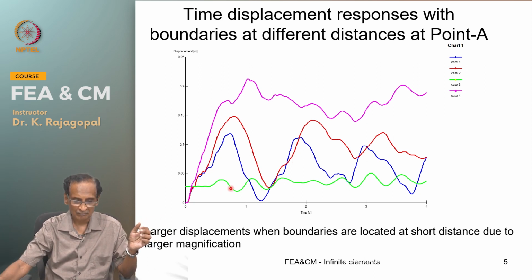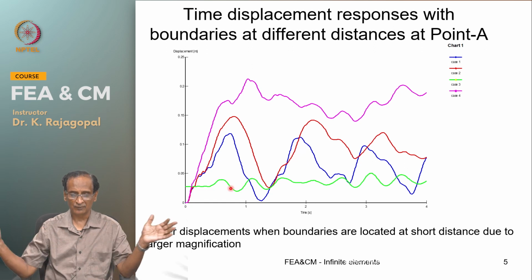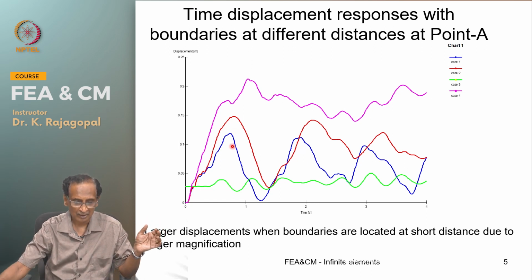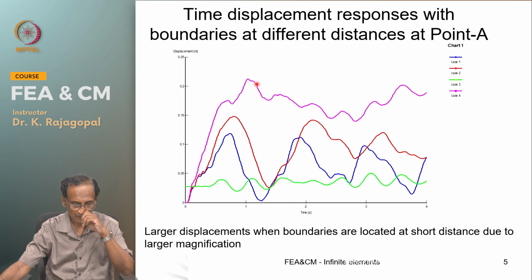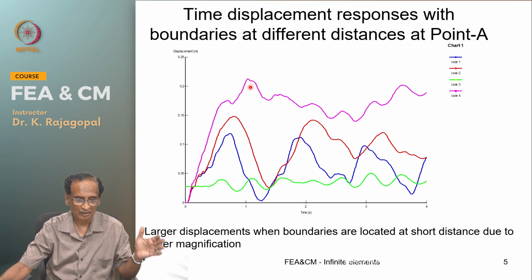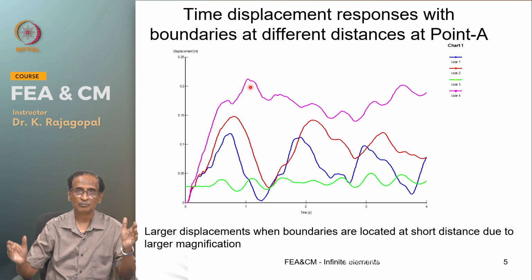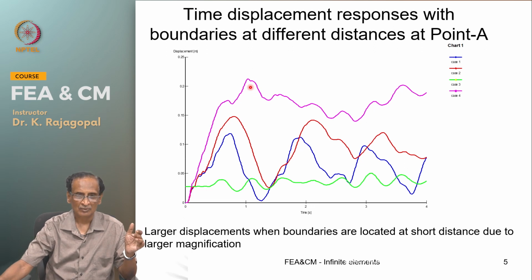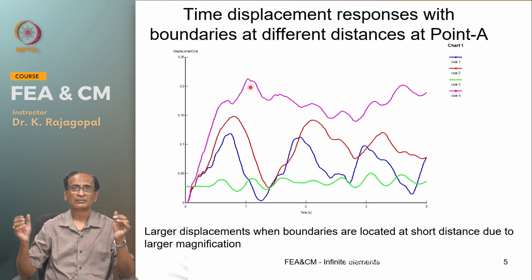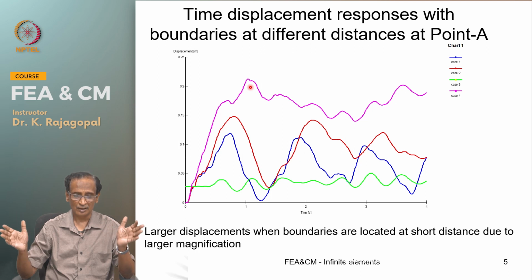The green line is when your boundary is at a far off location, and then the blue, red, and this pink line are all with different distances. You see your numerical result not only depends on your properties, but also on the boundaries.